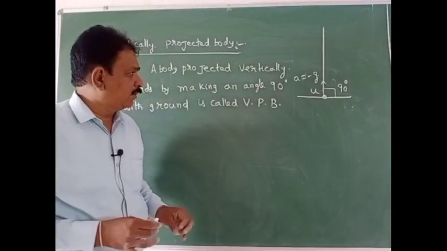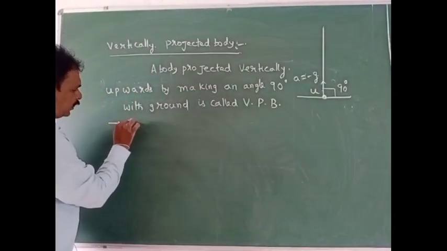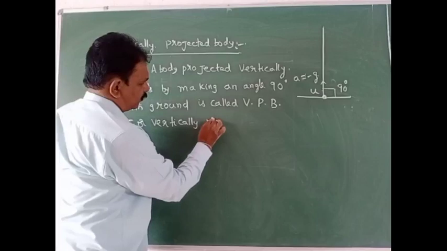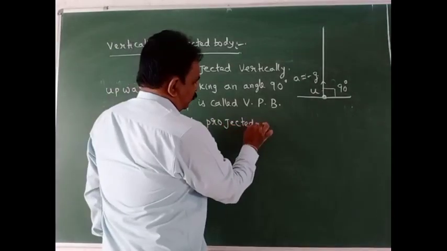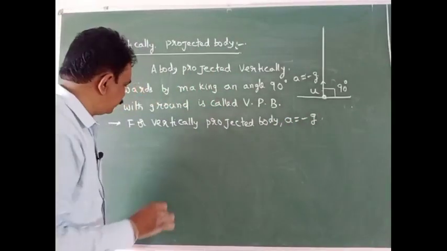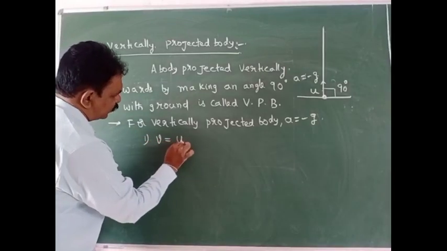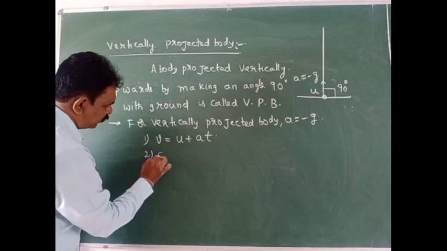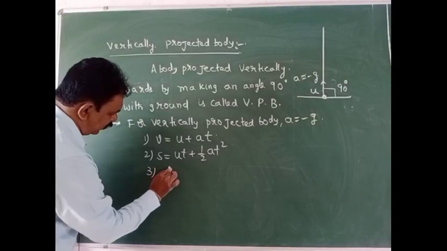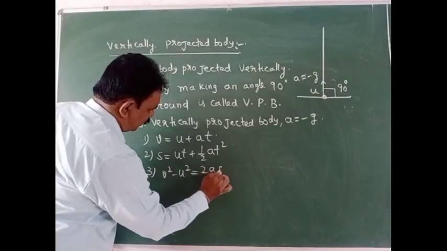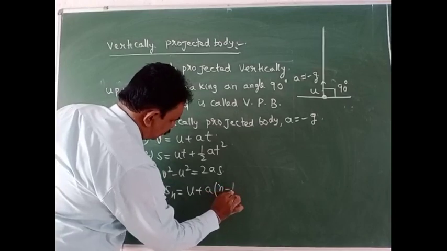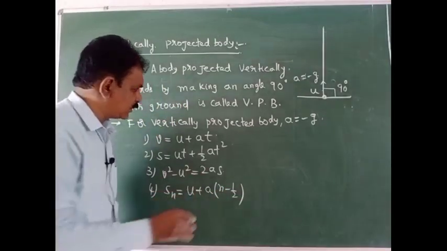What are the equations of motion? For a vertically projected body, A is equal to minus G. Then the equations of motion: V is equal to U plus AT, S is equal to UT plus half AT square, V square minus U square is equal to 2AS, Sn is equal to U plus A into N minus half.